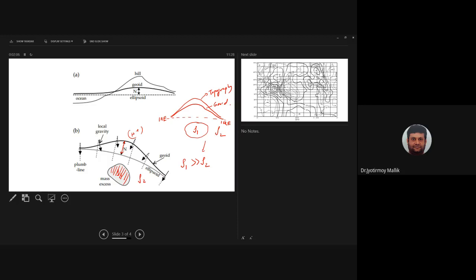Now it will be interesting to decouple the effect from the excess mass.